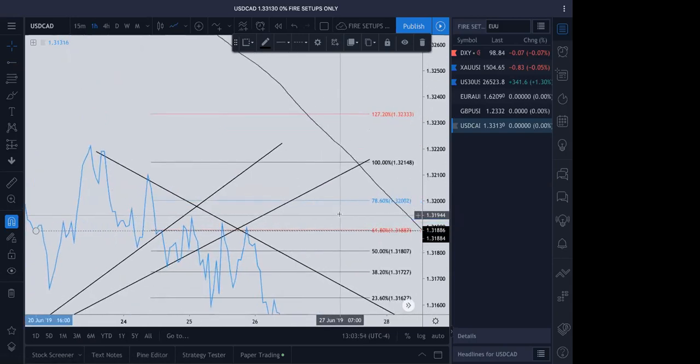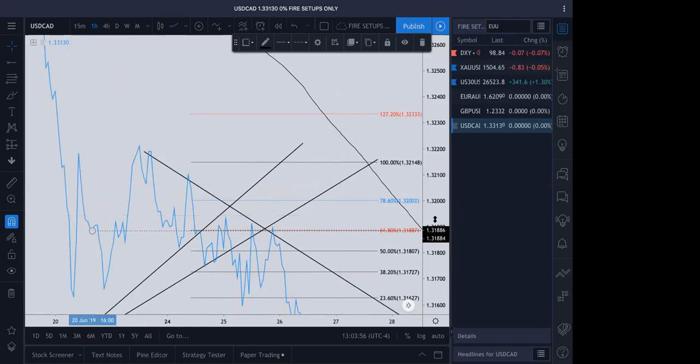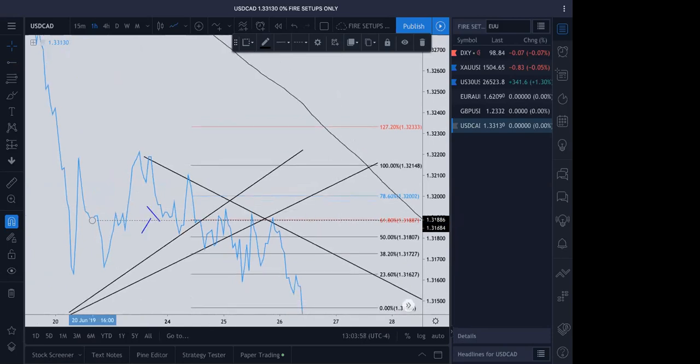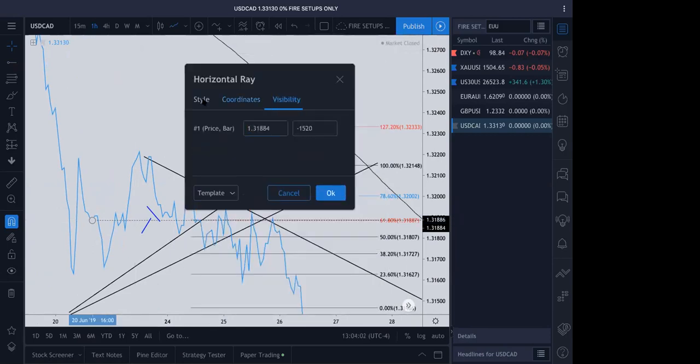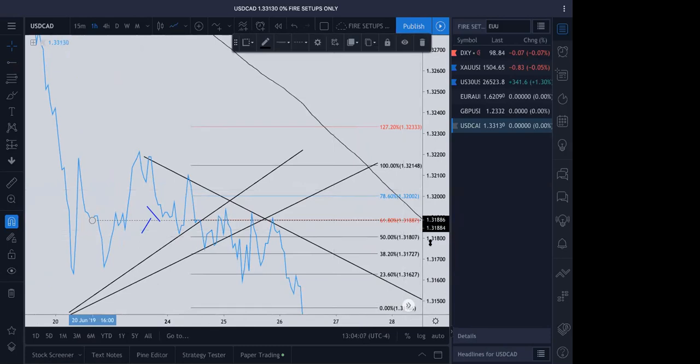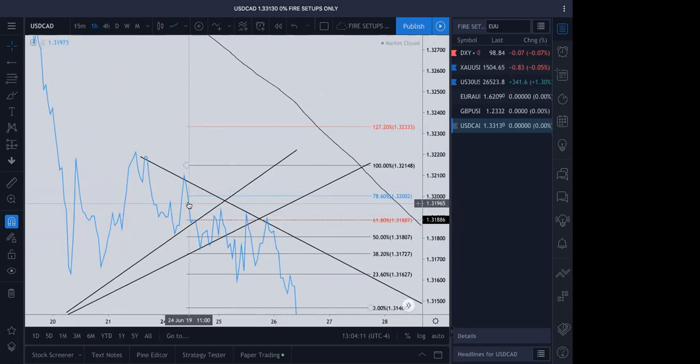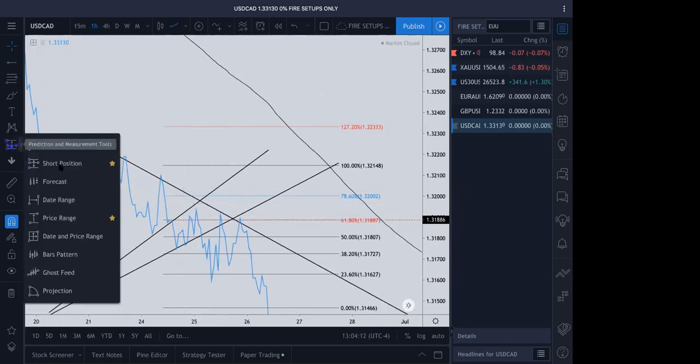Okay. So now, click twice on it. Copy the numbers for the entry. Okay, you can delete the horizontal array. Pick up the risk reward. Click exactly here.